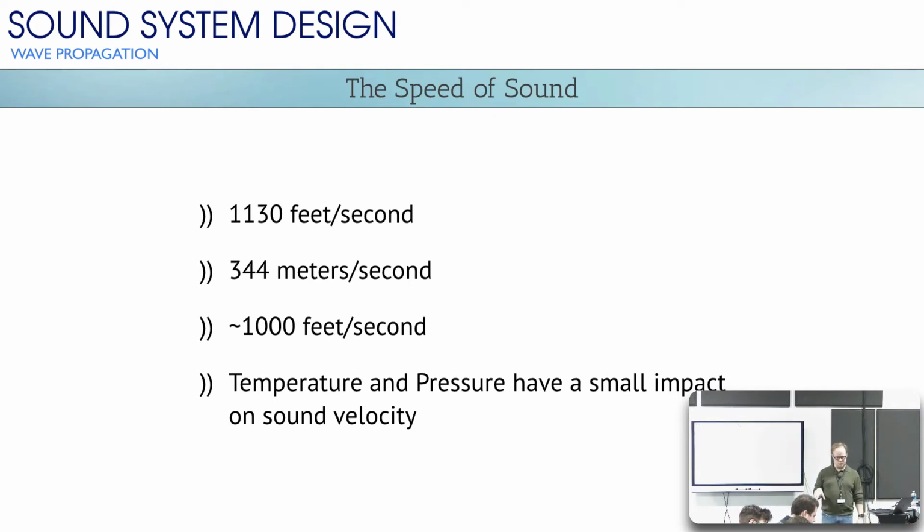Here in Winston-Salem, North Carolina, it's about 1,050 feet per second, because I measured it one time, which is much closer to 1,000 than 1,130. And 1,000 feet per second is an awfully round number that is really easy to do math on, much easier than 344.